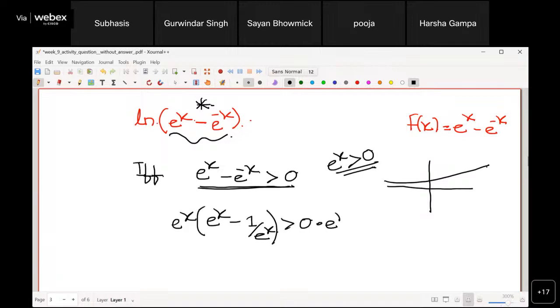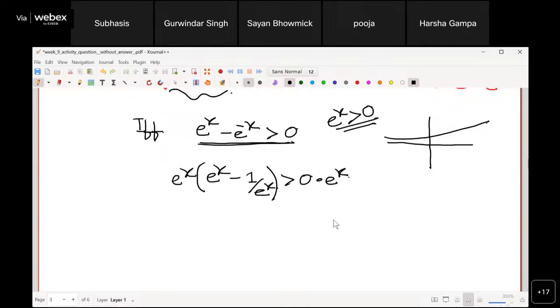The sign will be intact. Then what I will get? e power 2x minus 1 is greater than 0, that means e power 2x is greater than 1.